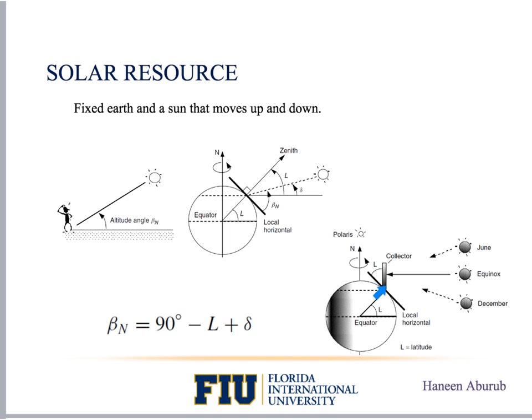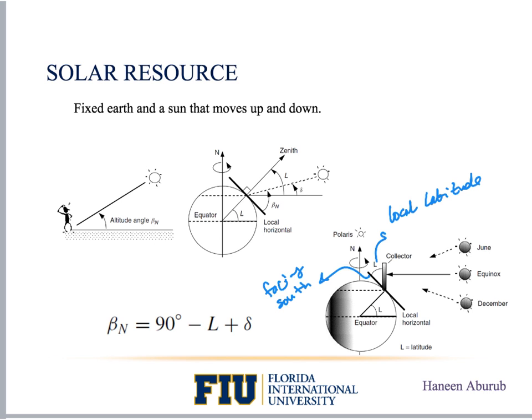This is actually a good rule of thumb for providing good annual performance for our solar collector. Just a reminder, L represents the local latitude. This is the way we face the collector toward south, in the northern hemisphere.